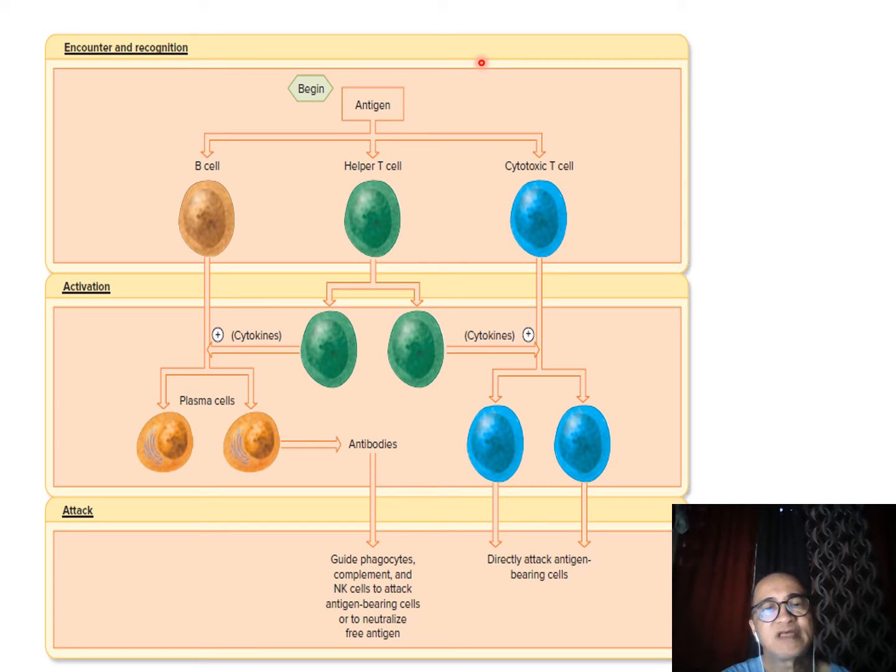The main cells that carry out the specific immune response are two subpopulations of lymphocytes, called B lymphocytes or B cells and T lymphocytes or T cells. Encounter and recognition is a process whereby receptors of lymphocytes bind to a fragment or whole foreign microorganism that is presented by a particular protein, major histocompatibility complex, or MHC proteins.